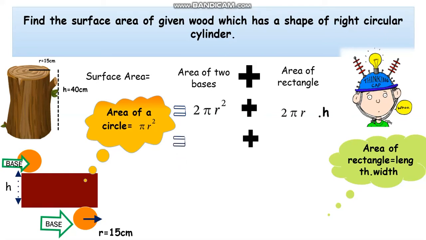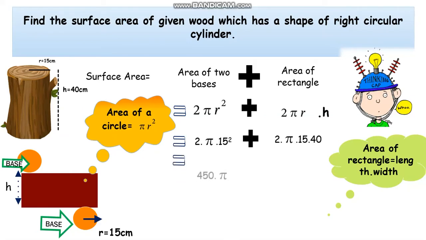So if we give numbers for these formulas, we should write 2 times pi times, what is our radius? Yes, 15. It will be 15 squared. And it will be 2 times pi times 15 times, what is our height? Yes, it is 40.